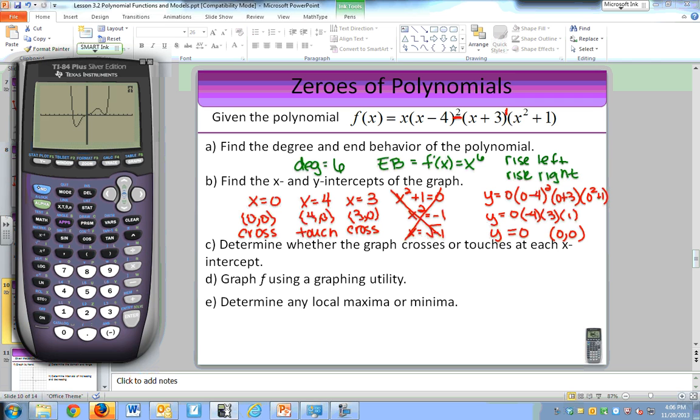So second calc, find your local minimum. Okay, we get a minimum of negative 402.18 at x equals negative 2.32.